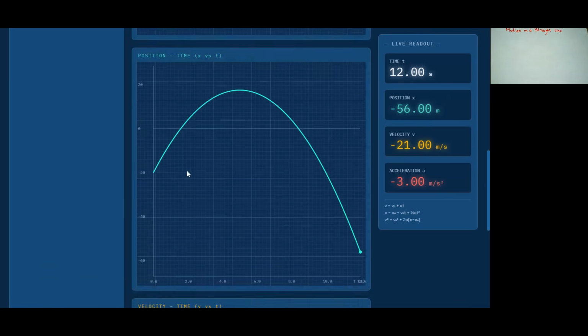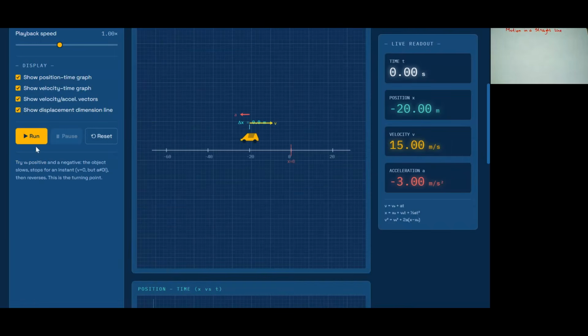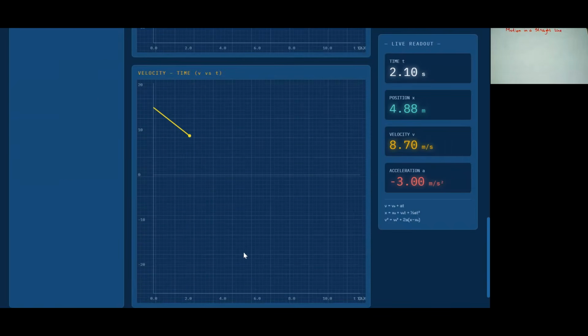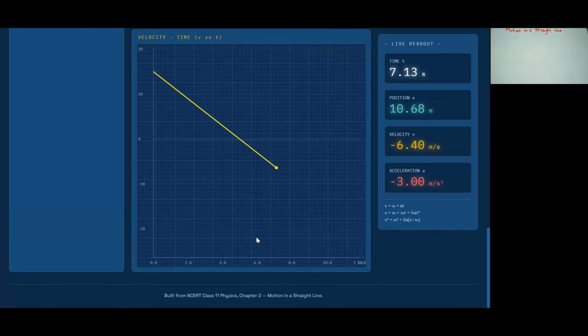Now look at the velocity-time graph. Amber velocity-time graph: a straight tilted line starting at 15, sloping steadily downward, crossing 0 exactly at 5 seconds, because momentarily at rest at that instant.